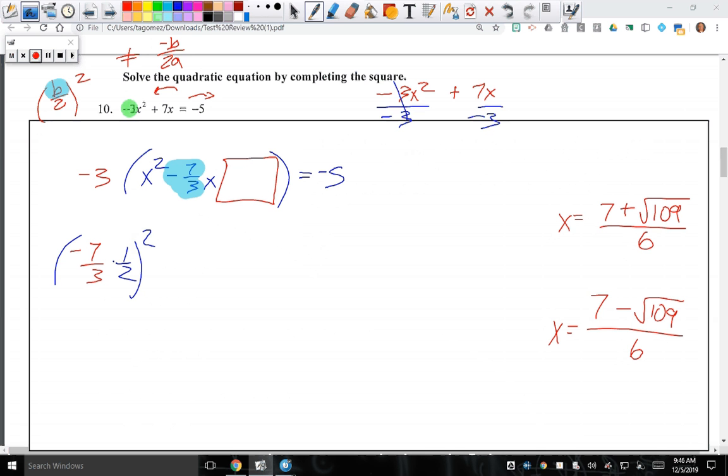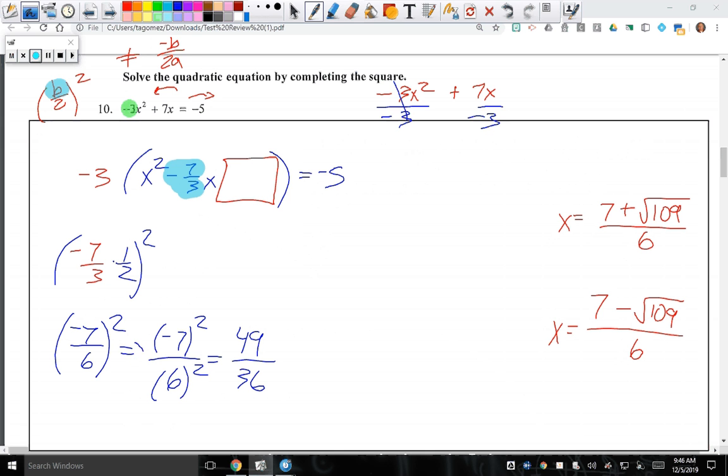And if I square it, what I'm really looking at is squaring this -7 over 6, which would give me 49 over 36. Okay? 49 over 36 goes here. It is a plus. Now I know, yeah, this one you can't simplify yet.